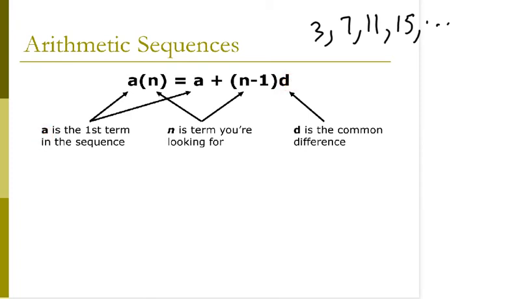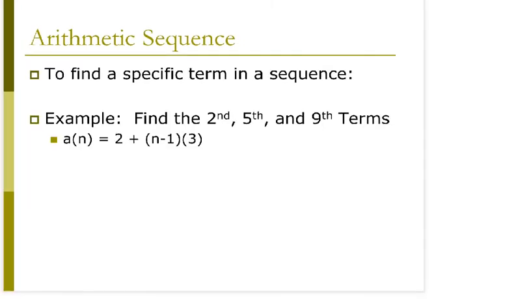So suppose that we had this situation here where we had to find the second, fifth, and ninth terms of the sequence that's described here, where the first term is 2 and the common difference is 3. When n is equal to 2, what we're talking about is the second number in our sequence.